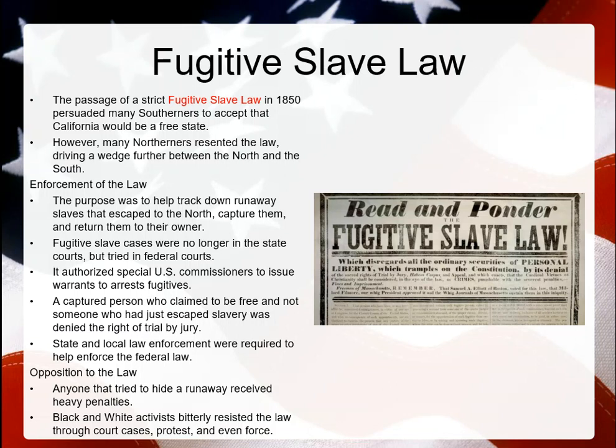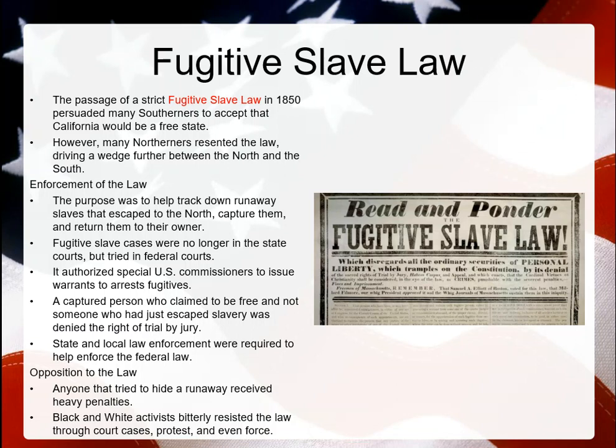It's going to be used to persuade Southerners to accept California as a free state, because that was an issue, right? So they're going to say, fine, California could be a free state, but we want this fugitive slave law.